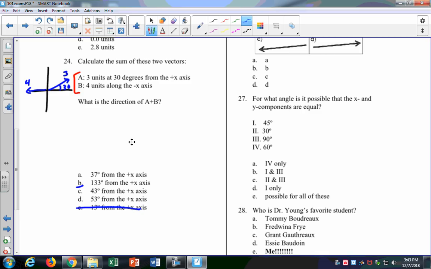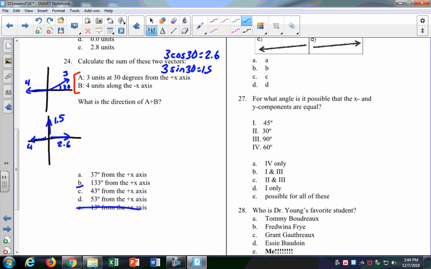First thing I would do is resolve that vector that's not on axis. So I have my 4 right here. This is 3 cosine 30. That's 2.6, right? 3 cosine 30 is the x component. And then here, I have 3 sine 30, which is 1.5.